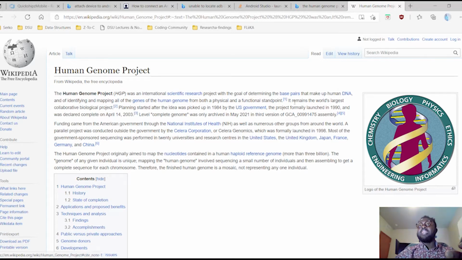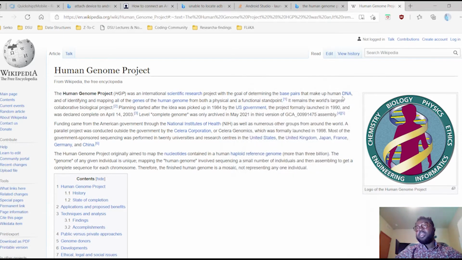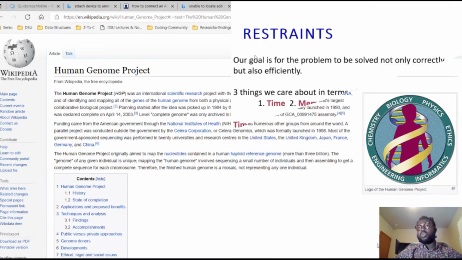So it's basically the grouping of DNAs, right? And with this project, using algorithms, scientists were able to categorically sort thousands of DNAs. So that is really cool to know.